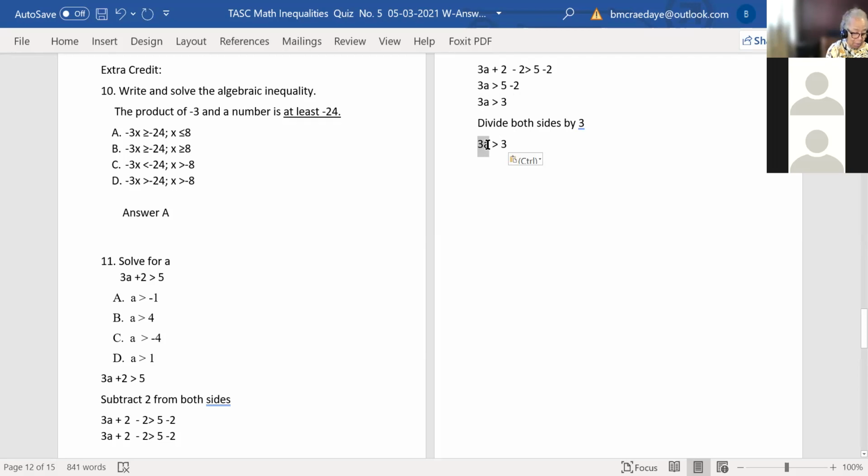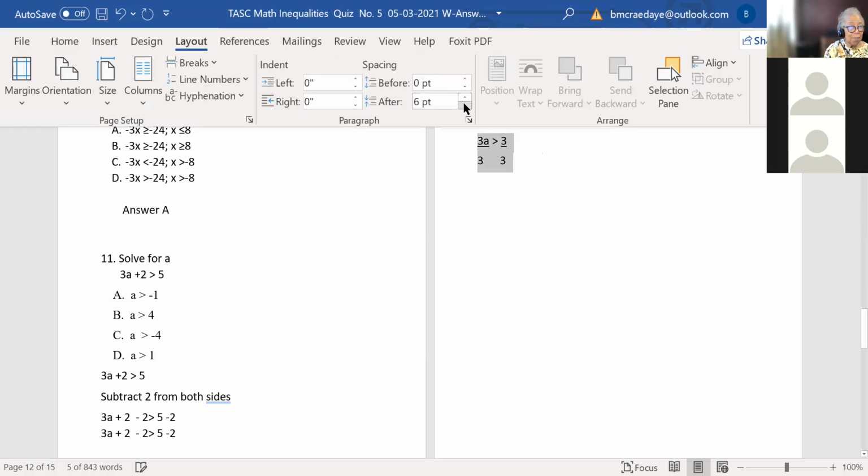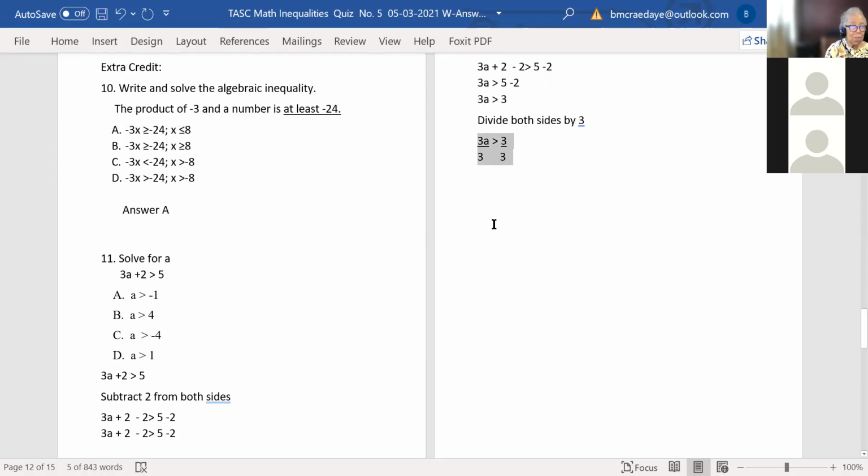So we put it on the line, and put our 3, and 3 on the right side. So Maureen, what's the answer? What's 3A divided by 3?